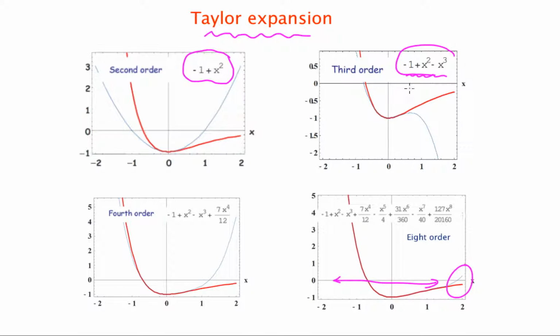So whenever we have such a function, we can approximate it with a polynomial of different orders, and the validity range of this approximation will increase with the order of the polynomial you are considering for the Taylor expansion.